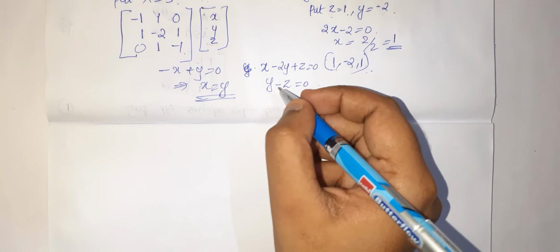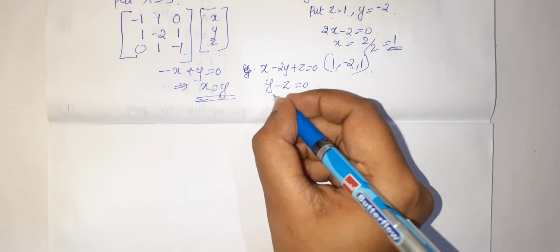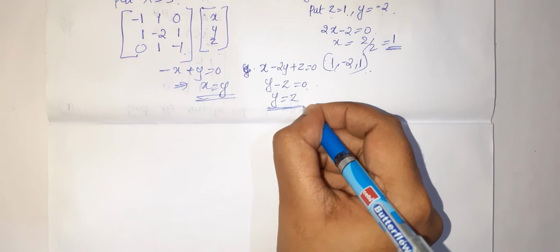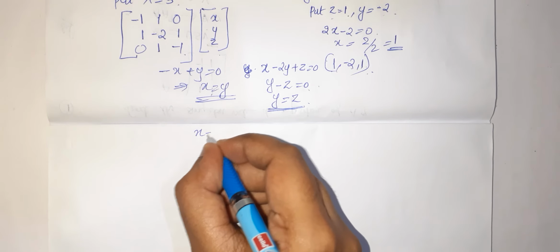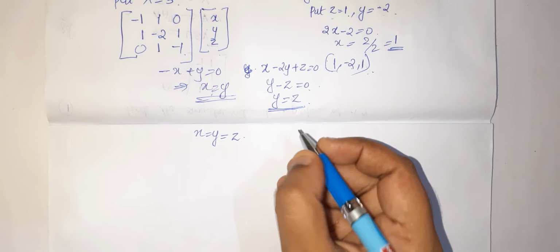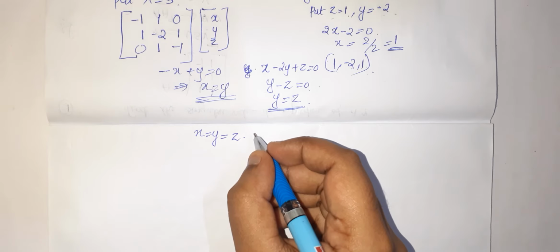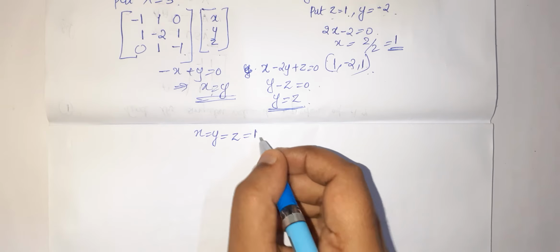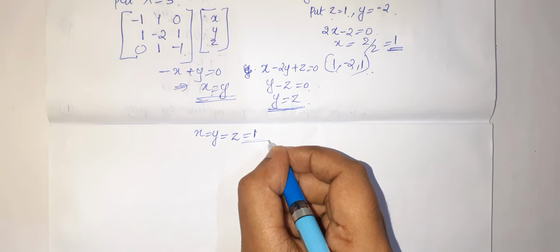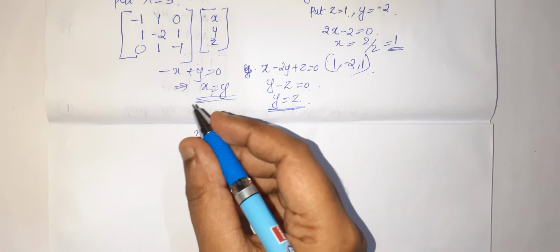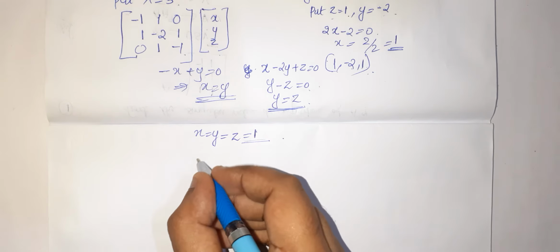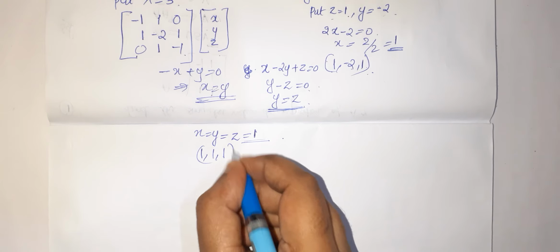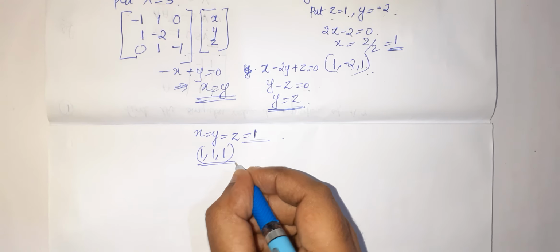From this last equation also, we obtain y equal to z. Therefore x equal to y equal to z, which we can take the value as 1 as a trial value. Therefore, the eigenvector corresponding to lambda equal to 3 will be 1, 1, 1. This is the eigenvector.